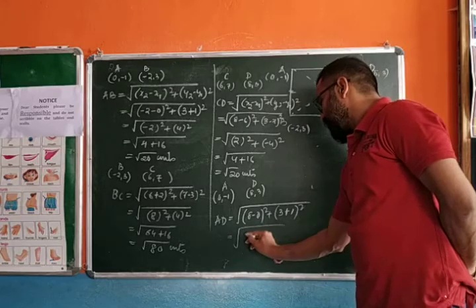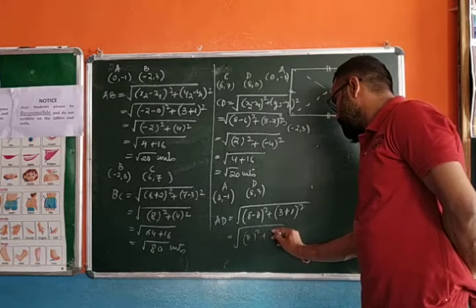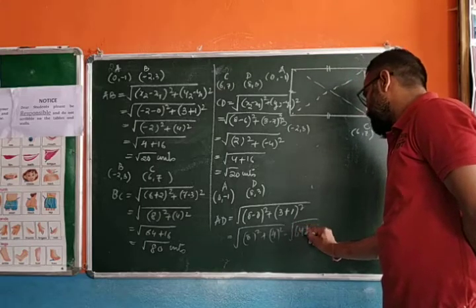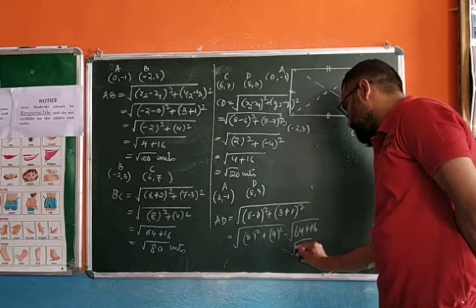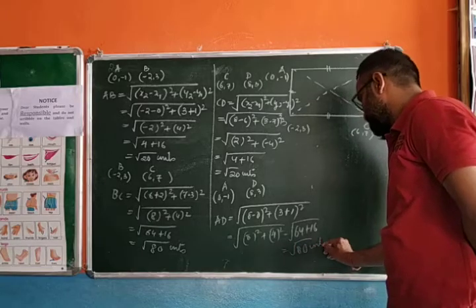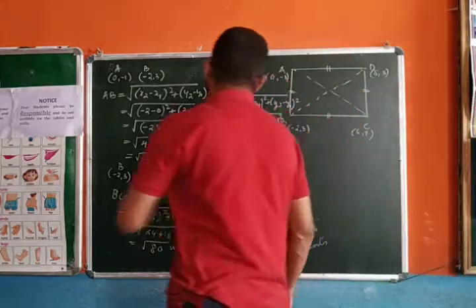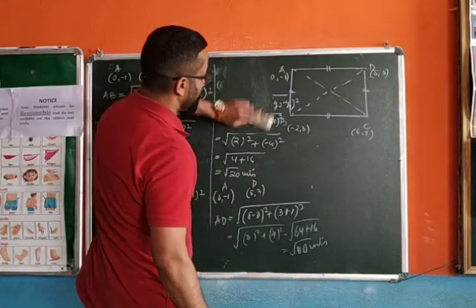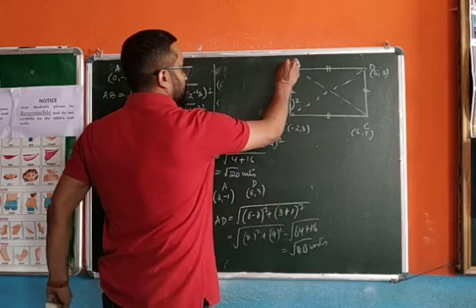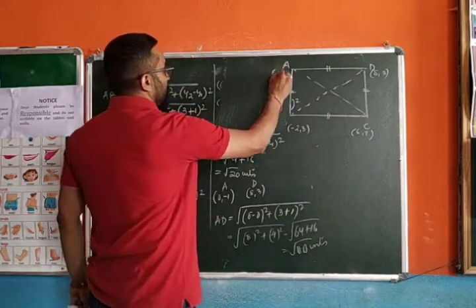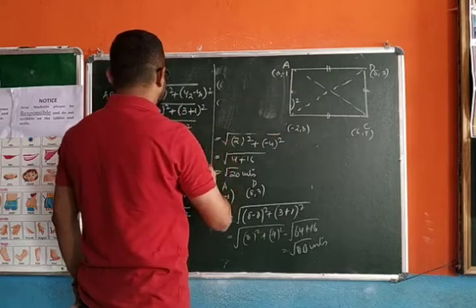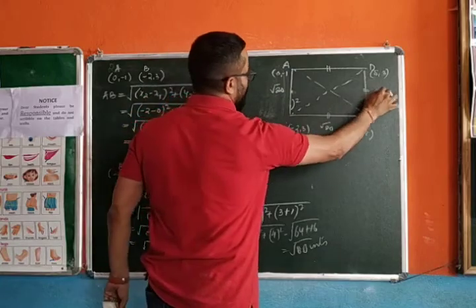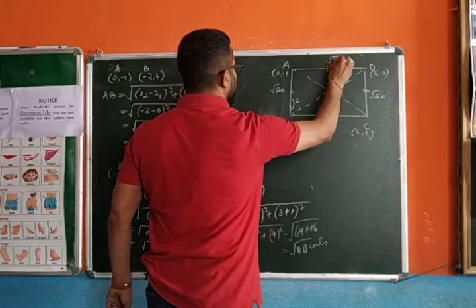Root of 8 square plus 4 square, which is root 64 plus 16, which equals root 80 units. So we found AB, BC, CD, AD as root 20, root 80, root 20, root 80.